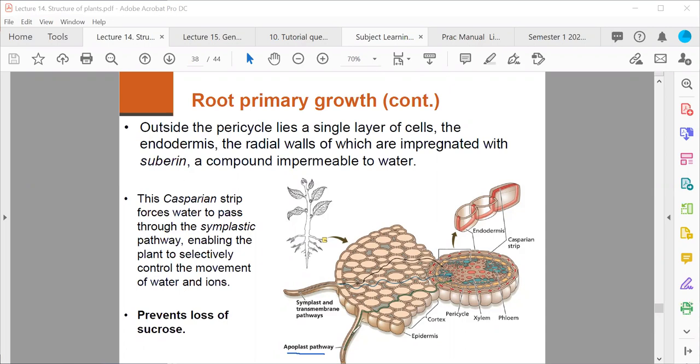So this is showing that water is actually moving not through the cells, but in between the cells. In other words, water's moving basically along the cell walls, following the pathway of the cell walls and in between the cell walls and the cell membranes, but not actually moving into the actual cytosol of the cells.